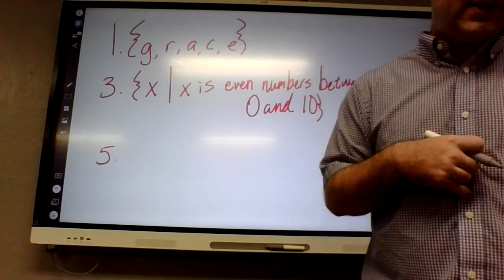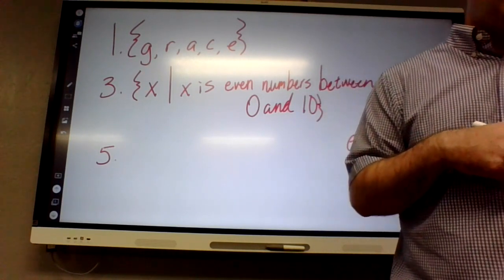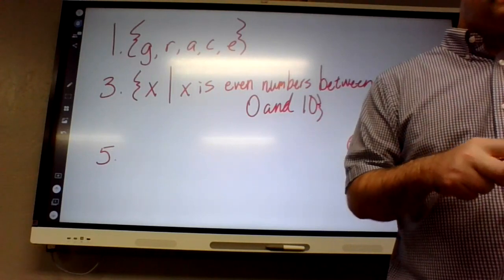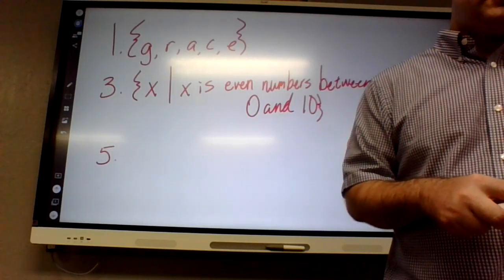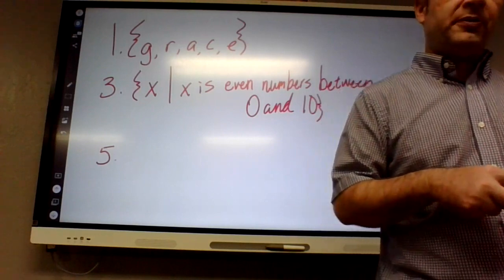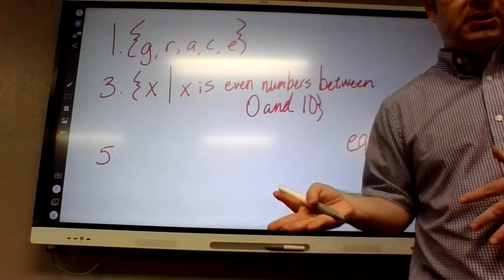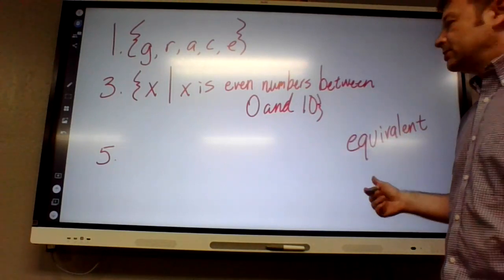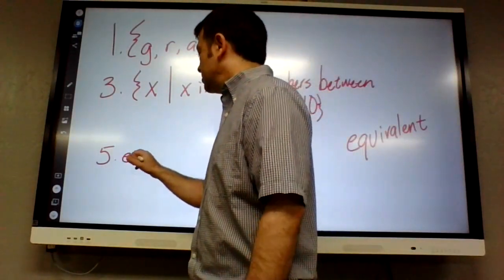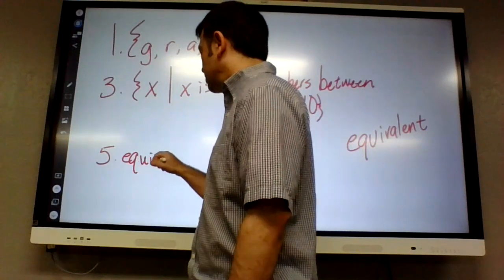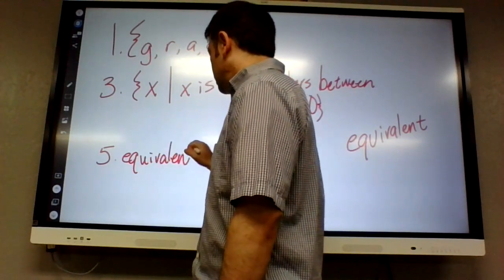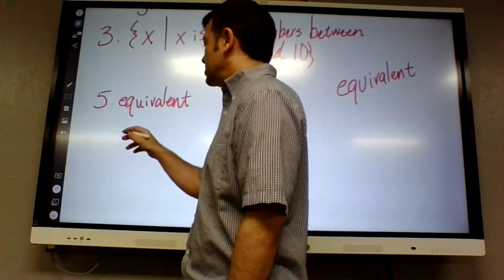So on number 5, you're supposed to say, are they equal, equivalent, both, or neither? Those are the 4 options. So on number 5, are they equal? No. Are they equivalent? Yeah, equivalent if they have the same amount of elements.